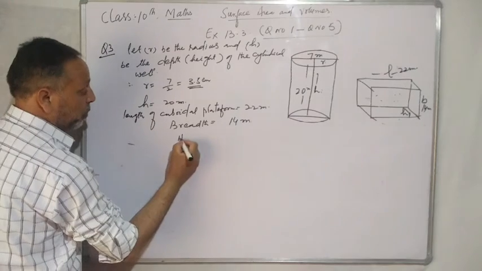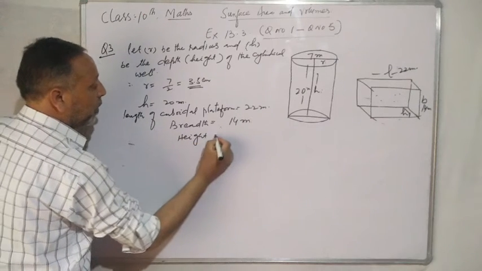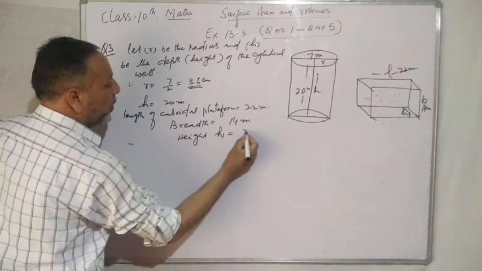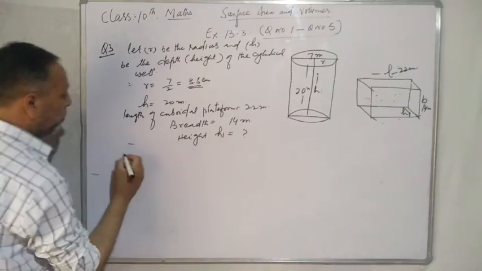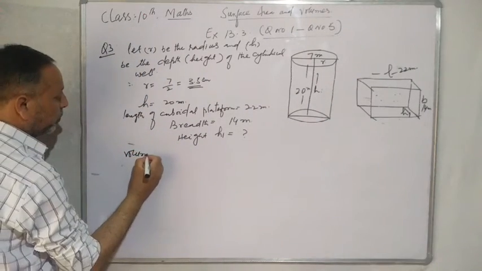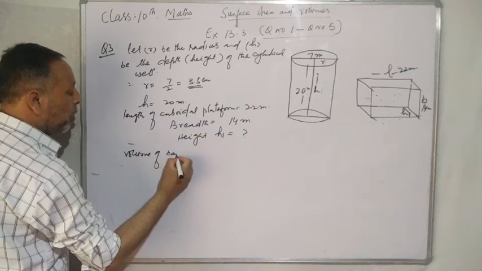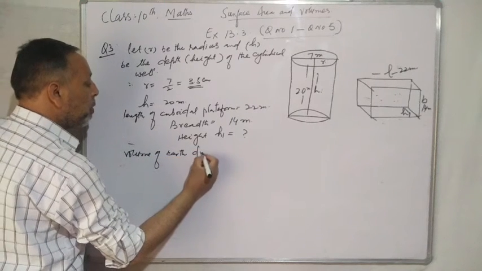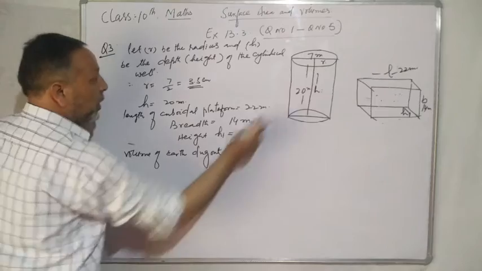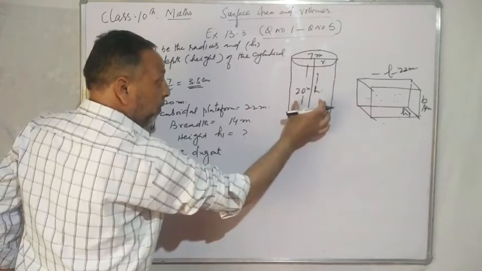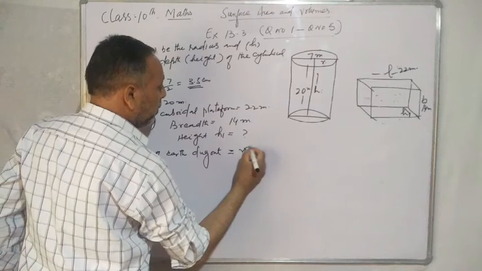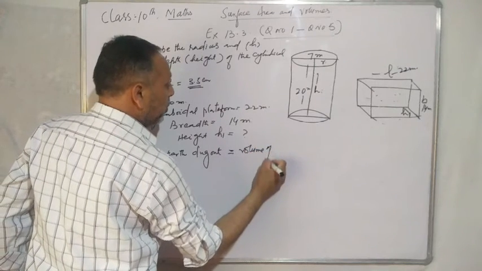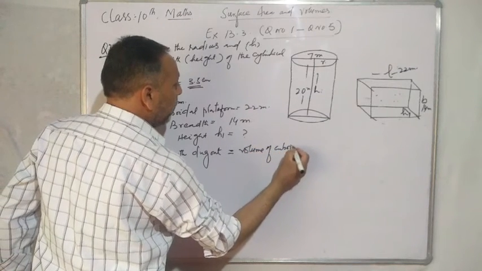Height h1 we have to find out. Now, here the volume of earth dug out from the well will be equal to volume of cuboidal platform.